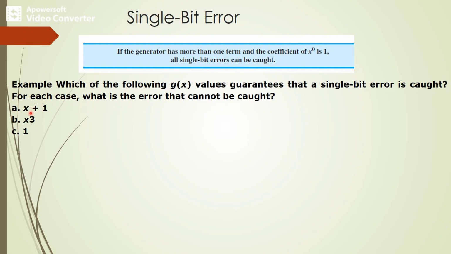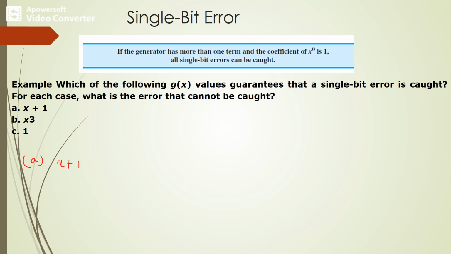In the given example, the value of g of x is given and we have to identify whether the single bit error can be caught or not. For each case, what is the error that cannot be caught? First we will take case 1, that is x plus 1.